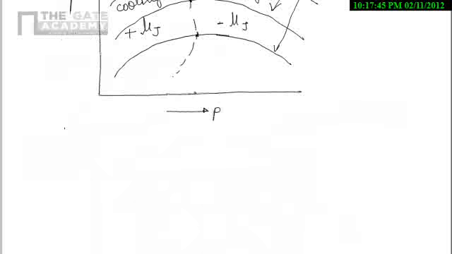By the first law of thermodynamics, I can write dH equals TdS plus VdP.